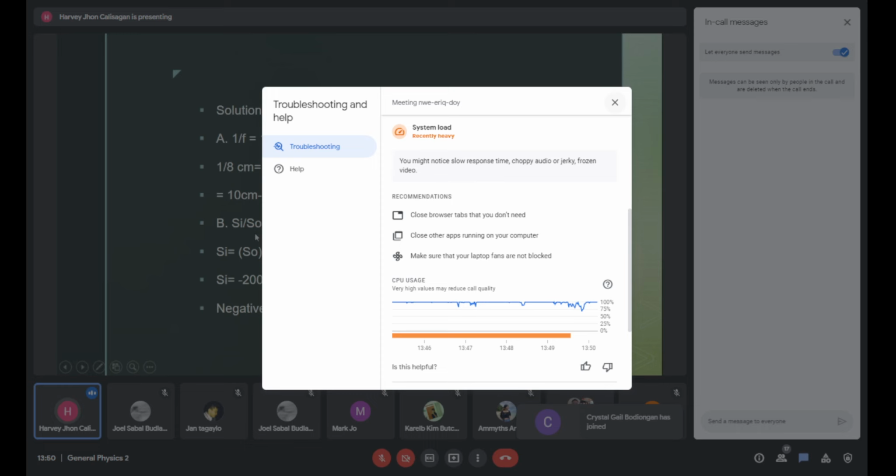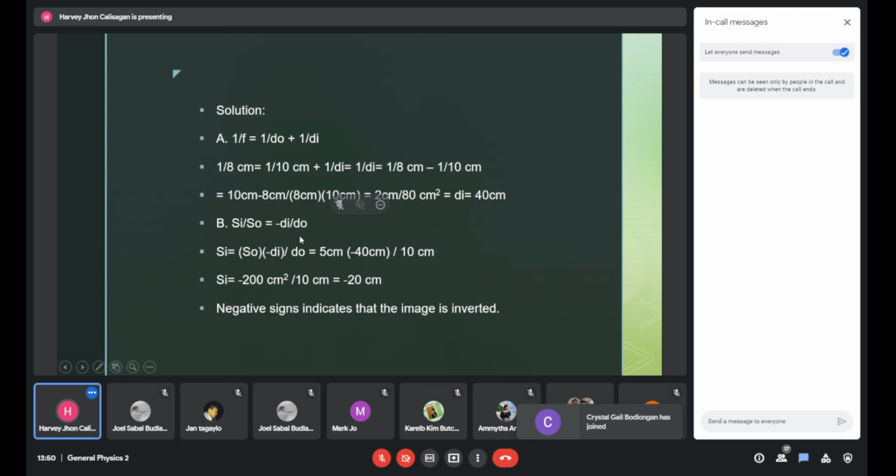But since our 40 is positive, and our equation here is negative, we have negative 40 centimeter divided by 10 centimeter. Multiply the two, 5 times negative 40, then you'll have negative 200 centimeters squared divided by 10, then you'll have the answer of negative 20 centimeter.